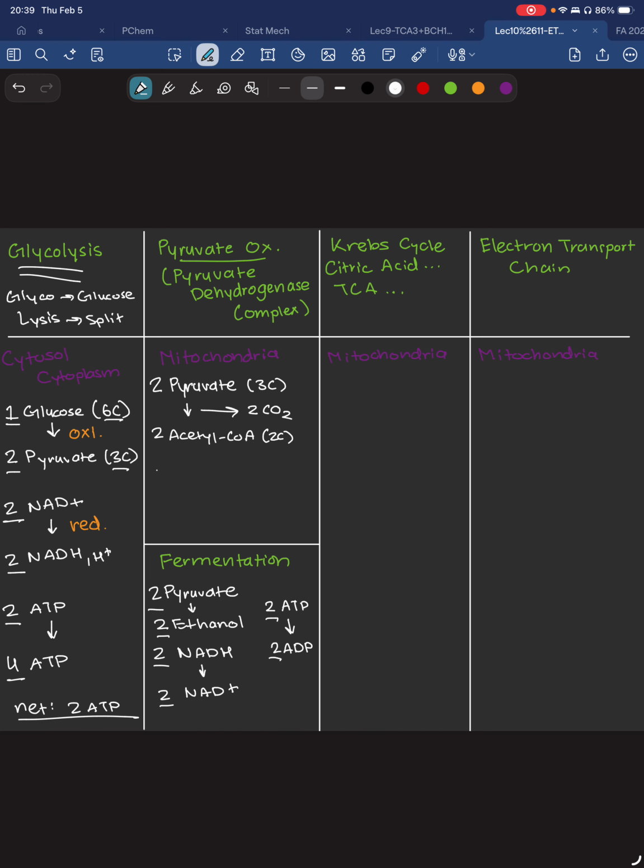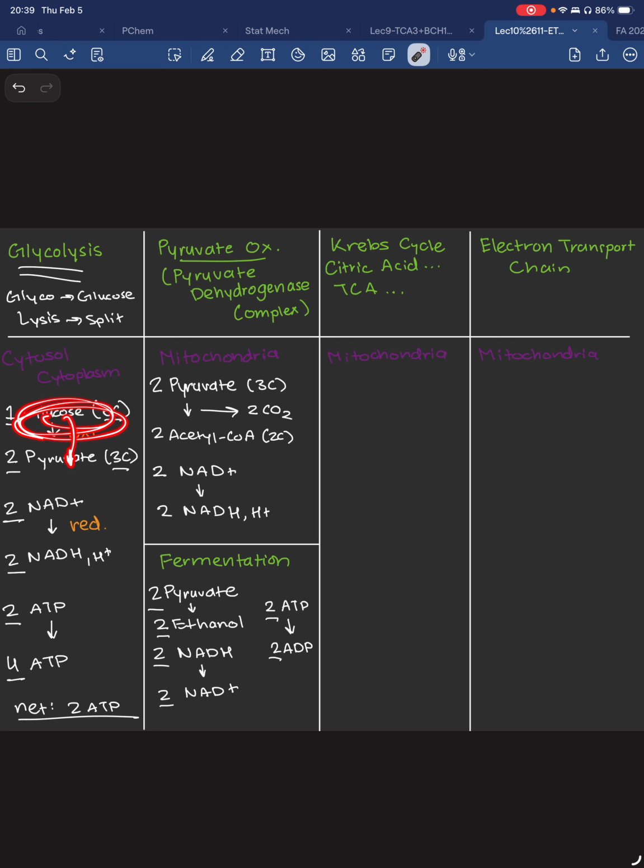Pyruvate oxidation also requires 2 NAD+, one for each pyruvate, turning into 2 NADH. Now remember, what we said is that everything is a redox, right? Glucose becomes oxidized in glycolysis, NAD+ becomes reduced. Fermentation, same thing happens.